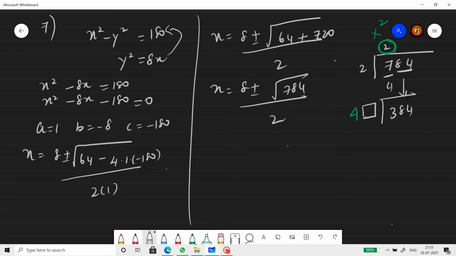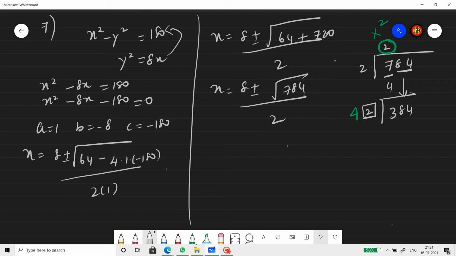Now try to put a number in the box and the same number in the quotient place also. If I consider 1, I'll take 41 into 1, which is 41, not close to 384. Then I'll go for 2: 42 into 2 is 84, which is also not close.